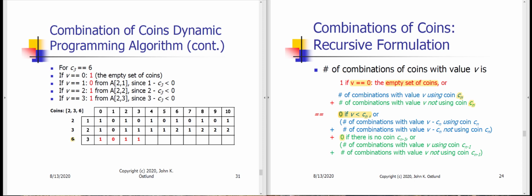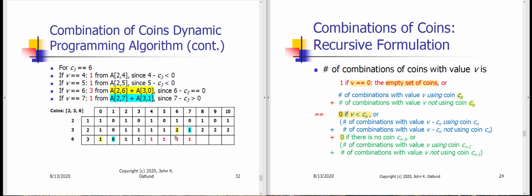And so the number of combinations that will get us to these values is just the number of combinations if we don't consider the coin of 6 at all. So these first 6 values here, from v equals 0 to v equals 5, those are just copied down.